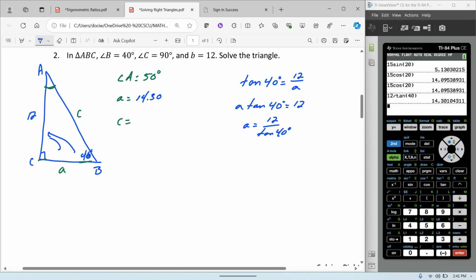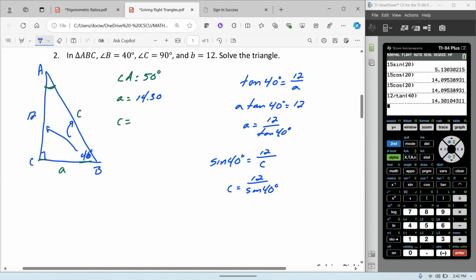To find side C, I'm going to have some options. I think with the 40 degrees, I'm going to use sine because 12 is the opposite leg. C is the hypotenuse. And remember that sine is the ratio of the opposite divided by the hypotenuse. I'm going to use the trick where the sine and C will change places. So C is 12 divided by the sine of 40 degrees.